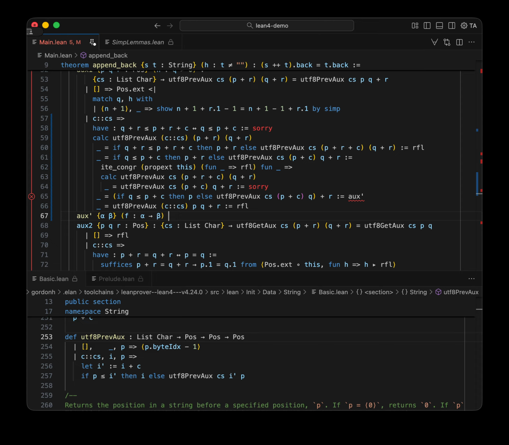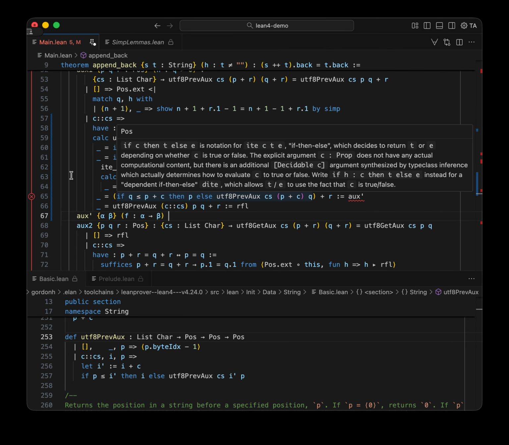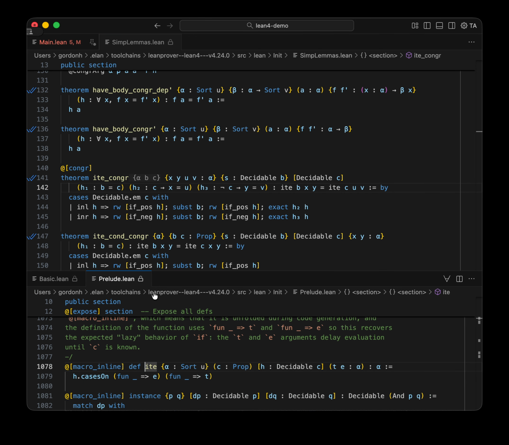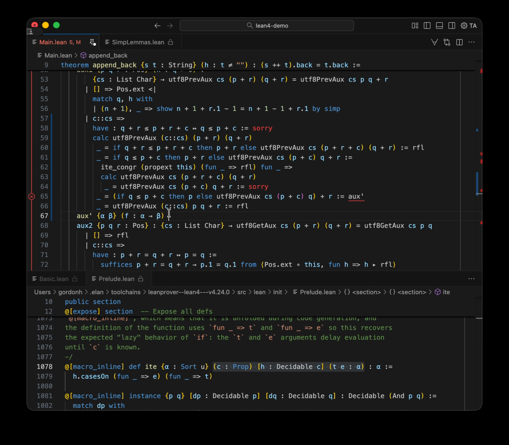So given a function, and oh, we have to check on the definition of ITE. How is it defined? It requires C to be the condition to be decided. And then T, okay. Same requirements. HT, okay, I can make this implicit. Proposition, making it decidable.